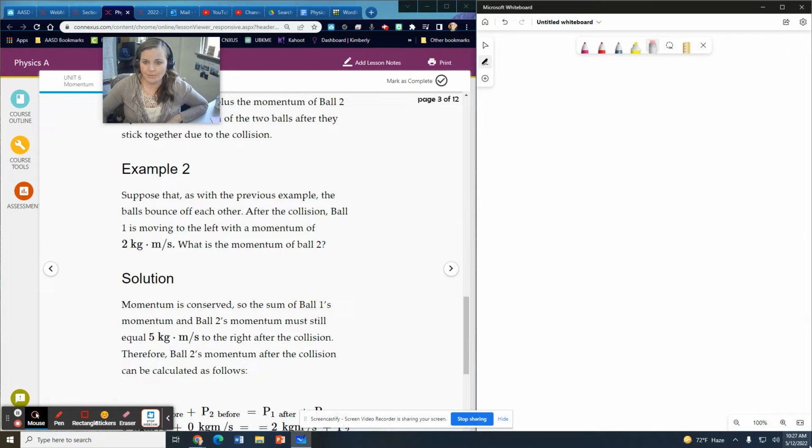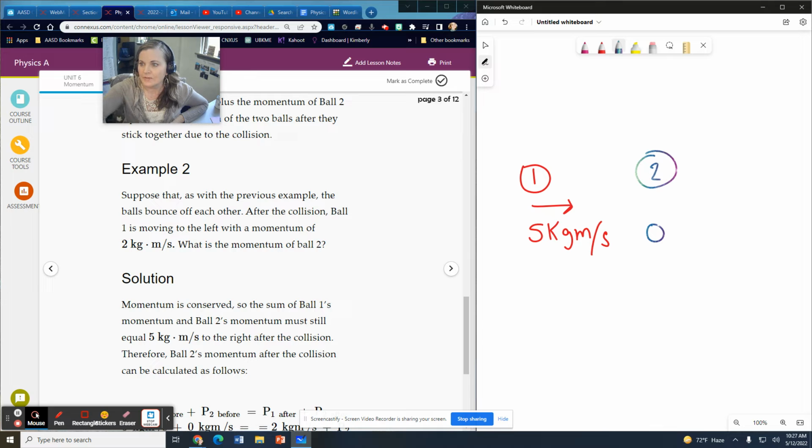We have ball 1 moving again to the right with a momentum of 5 kilogram meters per second. Ball 2 in this scenario still starts off with a momentum of 0.